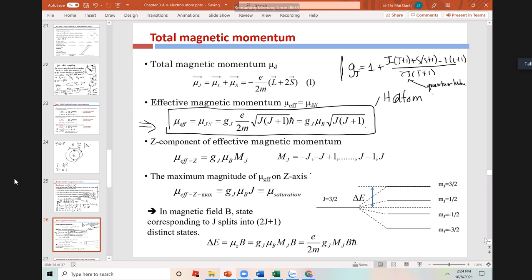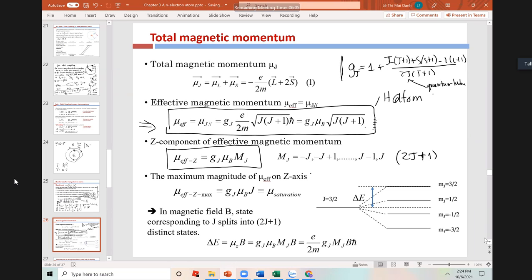And from this, you can also see that mu J in this case has this formula. And the z component of the effective magnetic moment, similar to the hydrogen atom, has 2J plus 1 different values of mu z.